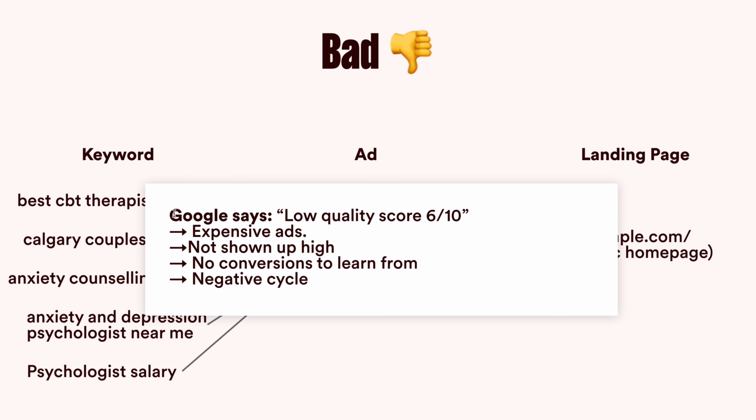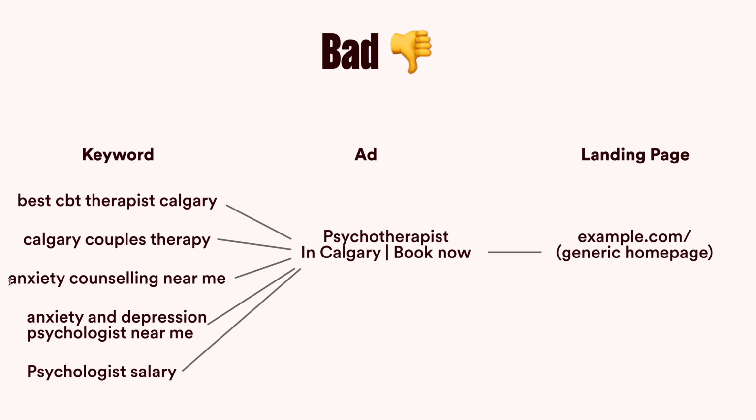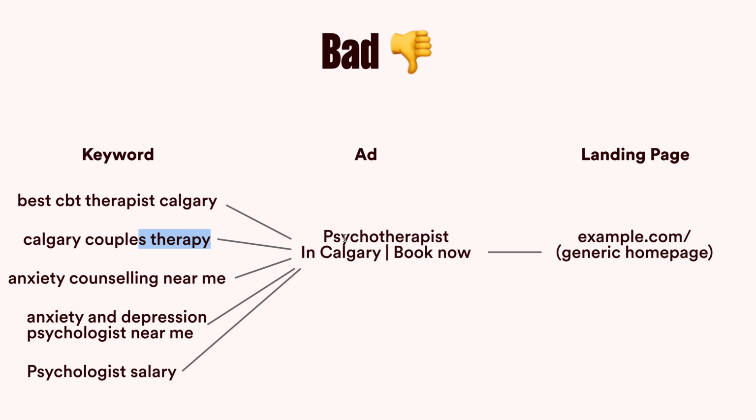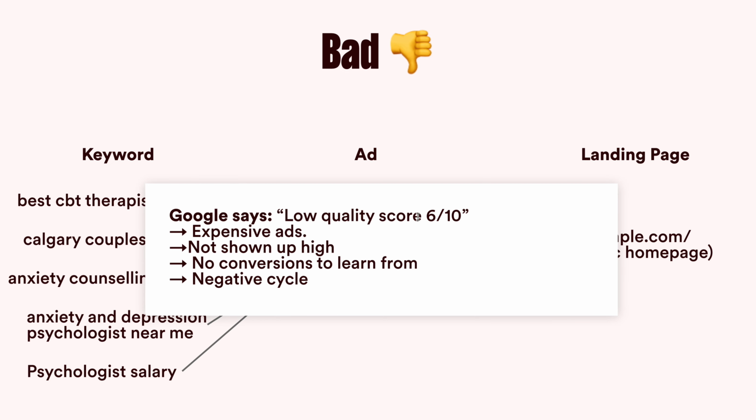Google says these are low quality score ads because you're not mentioning anxiety in your ad or your landing page. You're not mentioning couples therapy in your ad or in your landing page. So Google thinks, hey, these are not very high quality. Maybe they're not 1 out of 10 because it's still therapy, but they are not a good quality score.